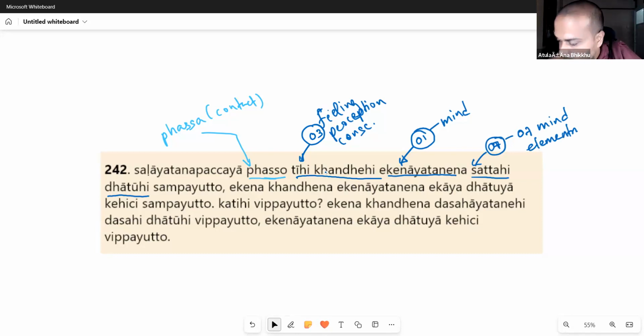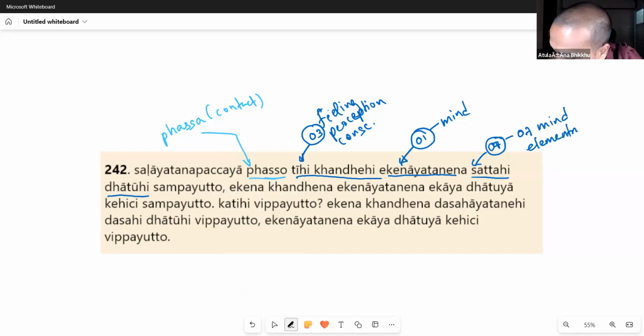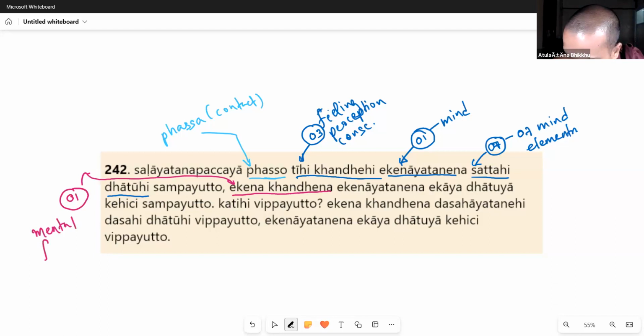Then it says ekena khandena ekena ayatanena ekaya dhātuya kechi sampayutto. So I'm writing a different color here. The partial disassociation, it says ekena khandena. So ekena khandena means it's partially associated with one aggregate, which is the mental formations.